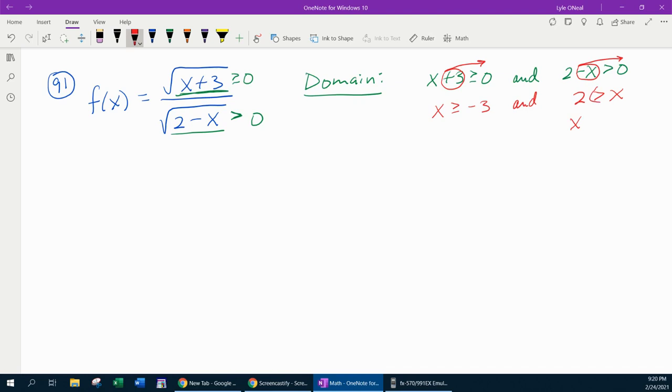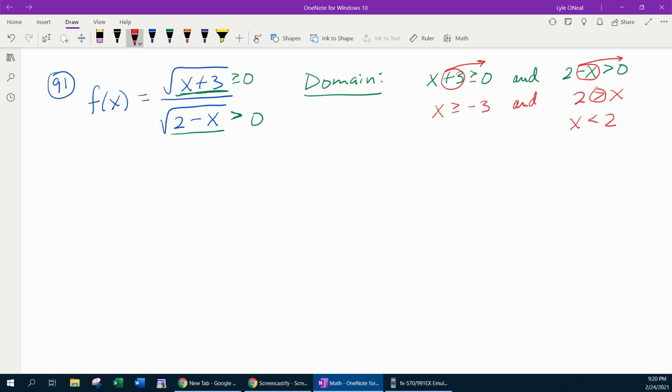If the arrow points to the x and I flip it, it has to still point to the x. The inequality, if you flip it around, has to flip also. So that's going to say x is less than 2.